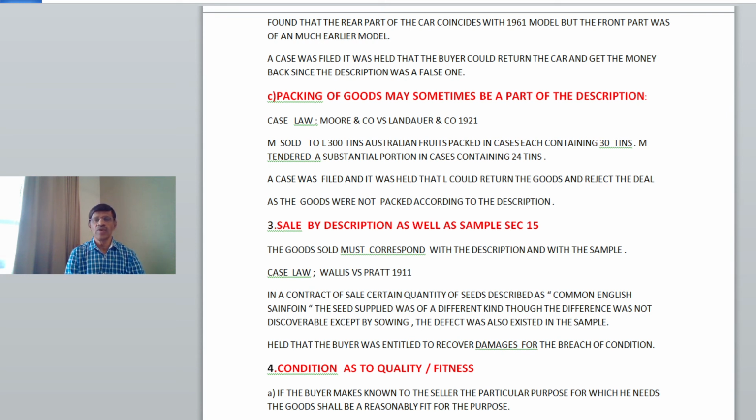The seeds supplied were of a different kind, though the difference was not discoverable except by growing. The defect also existed in the sample. A case was filed and it was held that the buyer was entitled to recover the damages for the breach of condition.